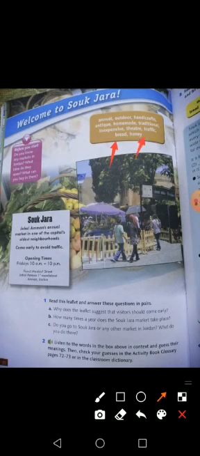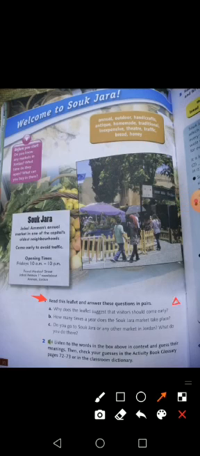Honey is a sweet food made by bees. Okay, it is a sweet food. Made by what? Made by bees. So honey is عسل, right? Honey is a sweet food made by bees. Okay, student? So those are the new words.